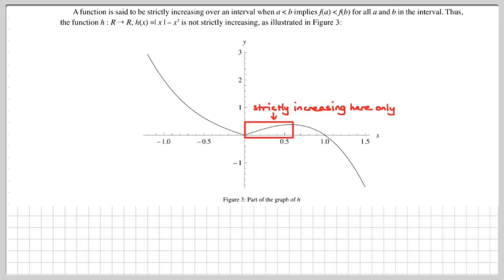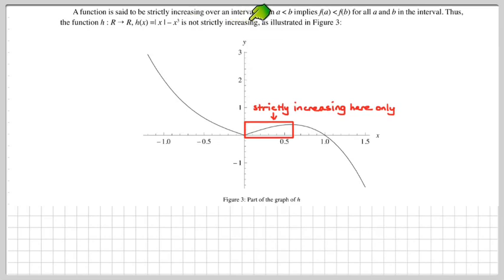Now what's this strange looking creature? A function is said to be strictly increasing over an interval if a is less than b implies that f of a is less than f of b, for all a and b in the interval. I've just restated the definition of strictly increasing. Thus, this function here, which is a very strange looking animal, mod x minus x cubed, is not strictly increasing.